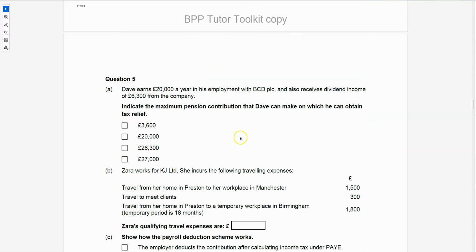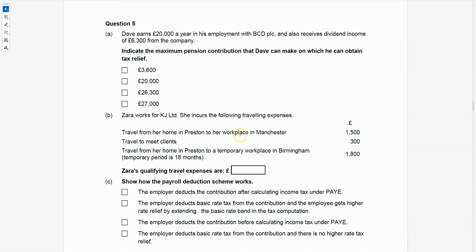The next one we have here. Dave earned 20,000 a year in his employment with BCD PLC and also received a dividend income of 6,300 from the company. Indicate the maximum pension contribution that Dave can make on which he can obtain tax relief.